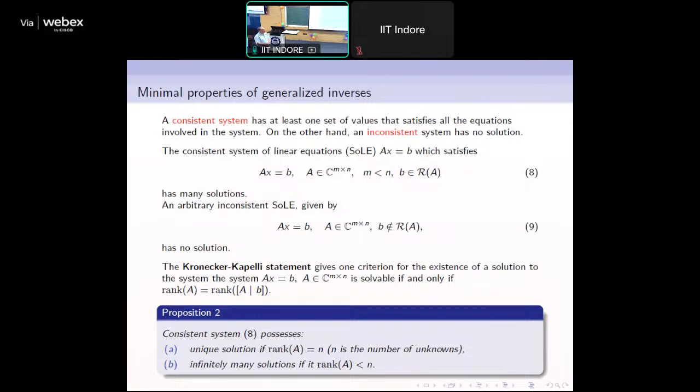Of course, if the number of linearly independent rows in A is smaller than the number of variables, we cannot solve the system. We have fewer linearly independent equations than the number of variables. And of course, the system is not solvable.